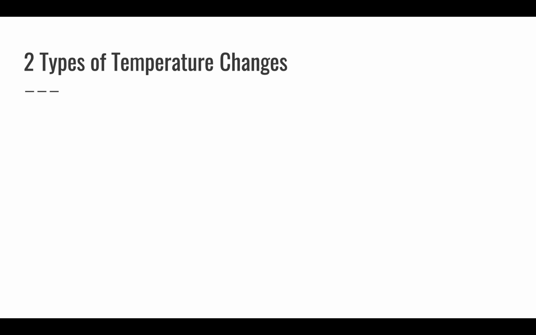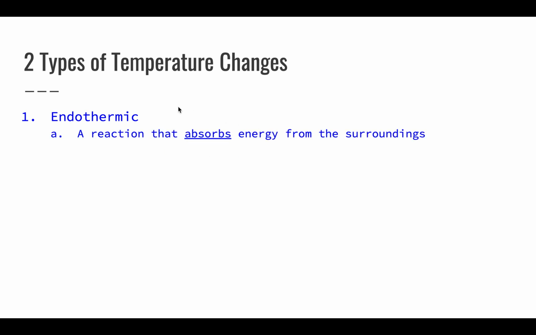Now, there are 2 types of temperature changes that we need to discuss. That first one is going to be something called endothermic, okay? And I always think of the prefix endo, meaning inside, things like that, all right? So what that tells us is that an endothermic reaction absorbs energy from the surroundings. It's going to take in any energy that's around.